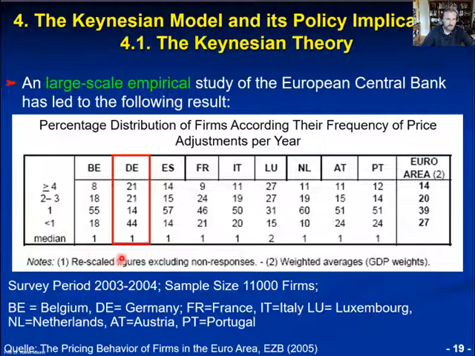The average number of price adjustments was 1 time in a year. For the other countries, the table reveals quite similar numbers.